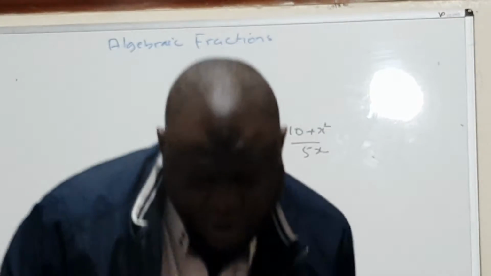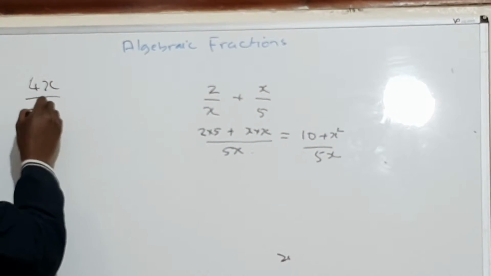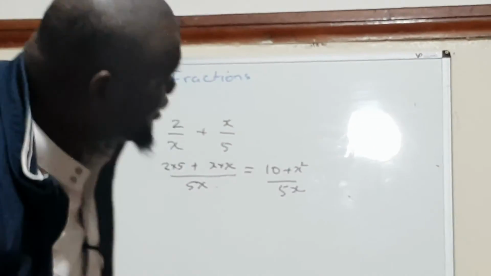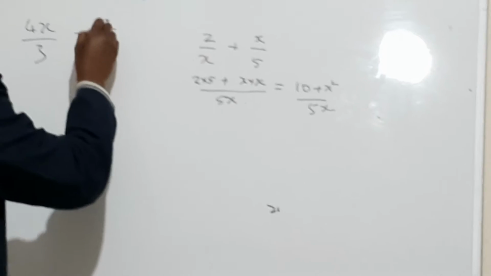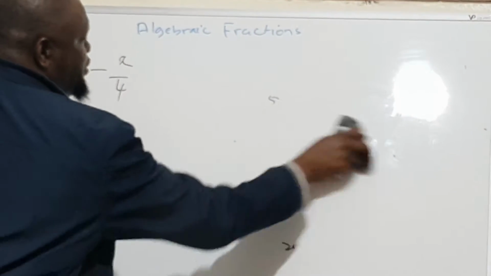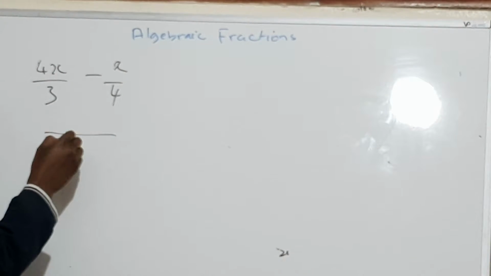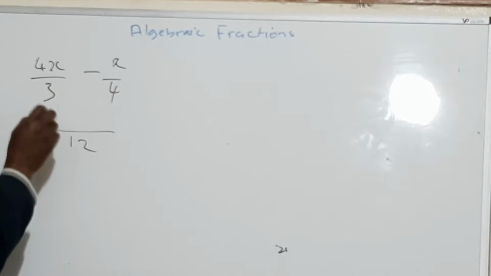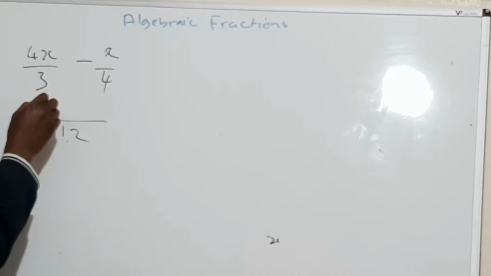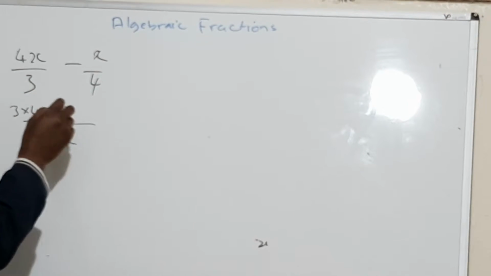4x over 3 minus x over 4. I know you guys are tired, but what do you do? The common multiple will be multiplying the 2, which is 12. So 3 into 12, that is 4, times 4x. Your minus in the middle. 4 into 12, how many times? 3 times x.